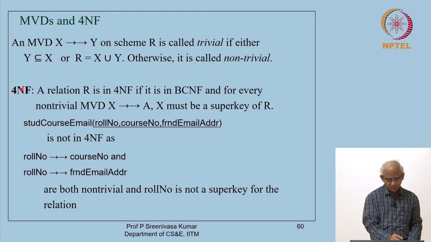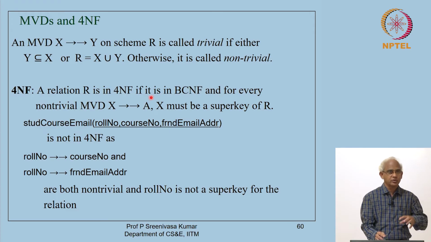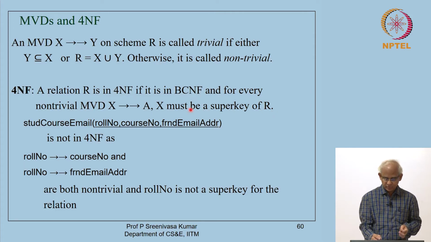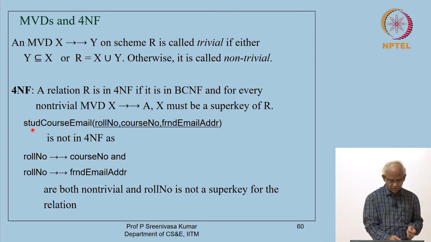Okay. So, fourth normal form: a relation scheme is in fourth normal form if it is in Boyce-Codd normal form, and for every non-trivial MVD X multi-determines A, X must be a super key of R. Now, this student, course, friend email address relation is not in fourth normal form, because roll number multi-determines course and roll number is not a super key.